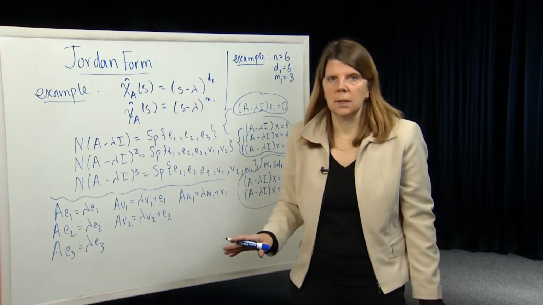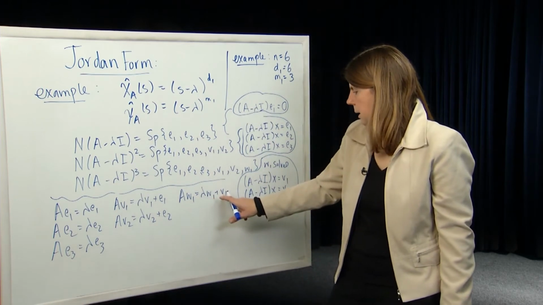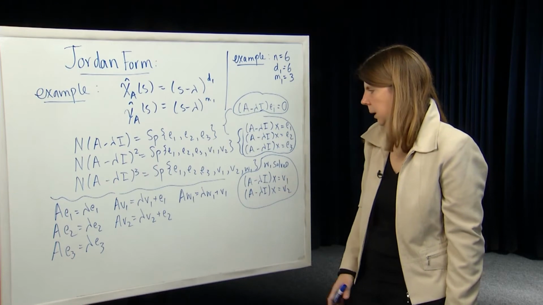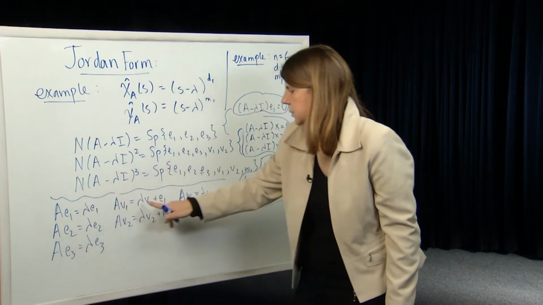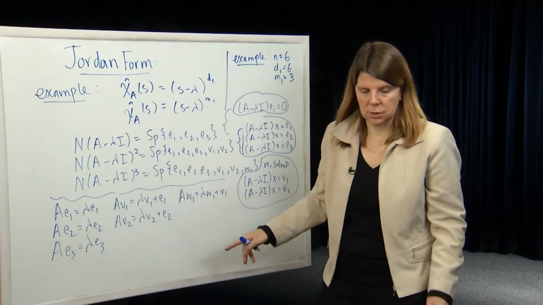W1 is called a generalized eigenvector of degree 2 because V1 is already once removed from the eigenvector E1. So we have 3 eigenvectors and 3 generalized eigenvectors, all linearly independent from each other.